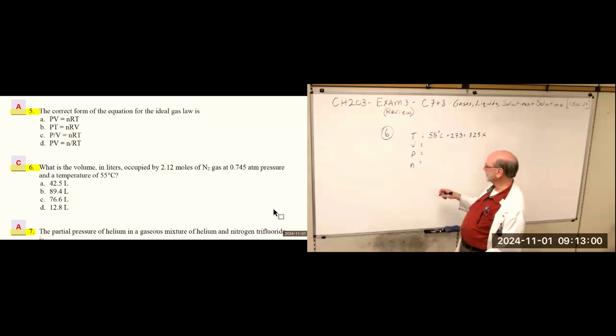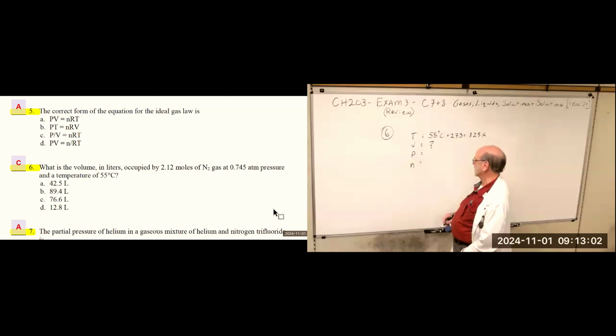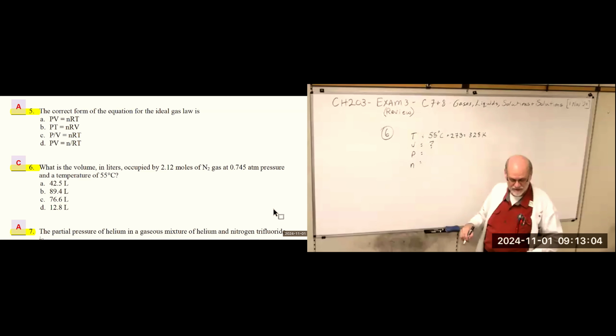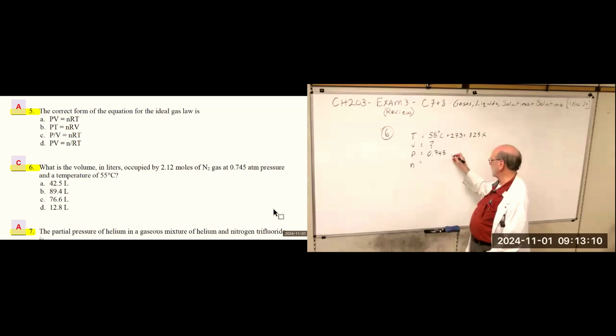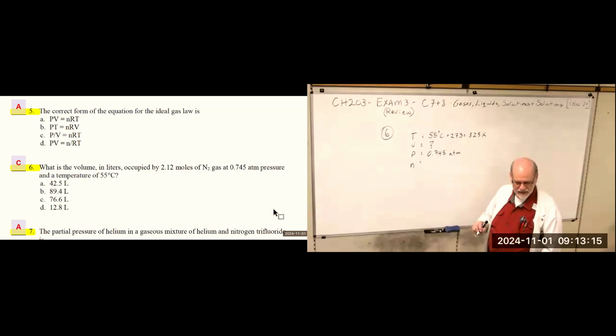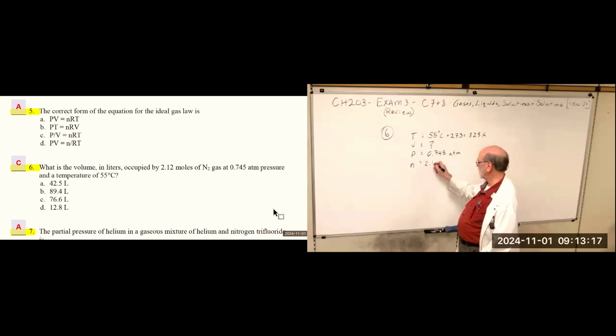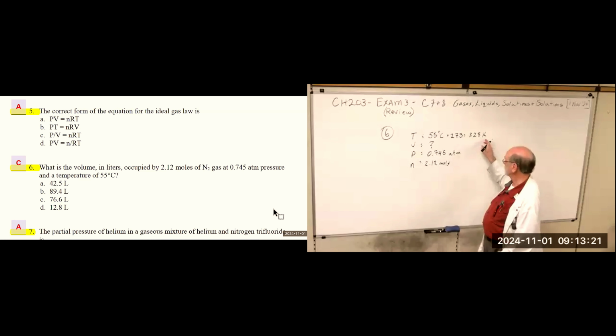Oh, that's the question. Okay. Pressure. Atmospheres? Yes. Notice I preceded that with a 0. And then moles. So it appears that all of these are in the correct units. Now, that one's K, atmosphere is moles.